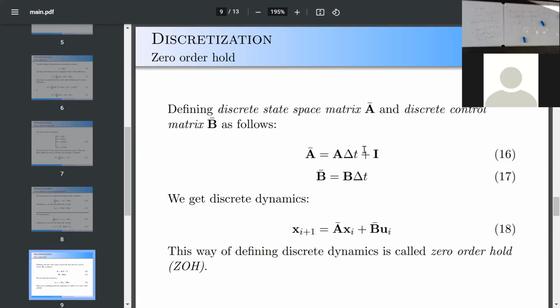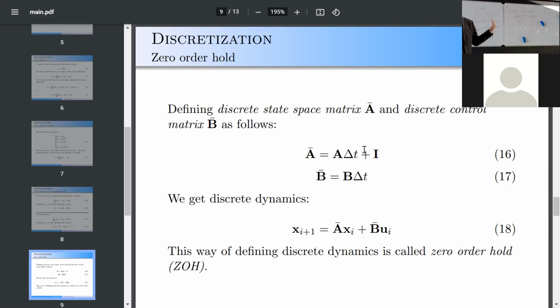Why do we want discrete systems? Well, this is something that is hard to argue with given our current tool sets, but essentially, first of all, real systems act like discrete systems when you implement control laws, because your control laws are discretized naturally by the frequency of your physical electronics.